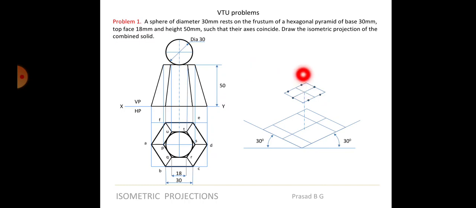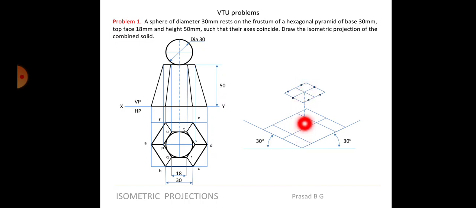Now the question is whether that height should be taken as ISO or as the real value. In this case the diameter is 30, so the radius is 15. For example, the height from here is 50, but I have taken it as ISO 50, not actual 50. In isometry, every height and every distance should be taken as ISO.